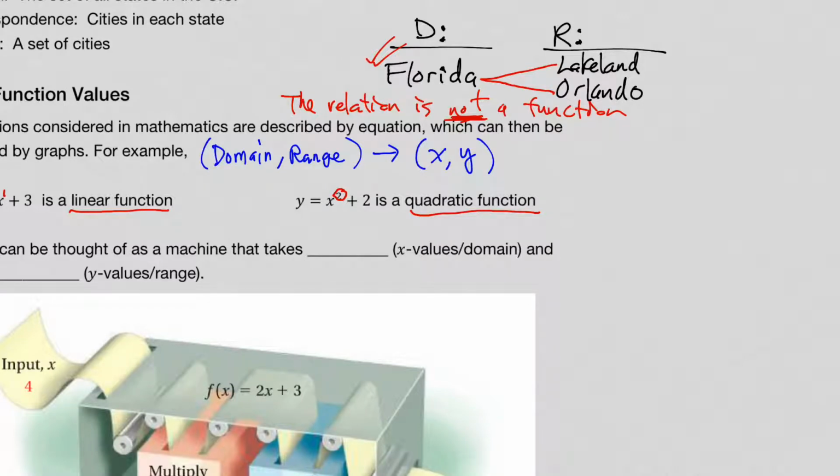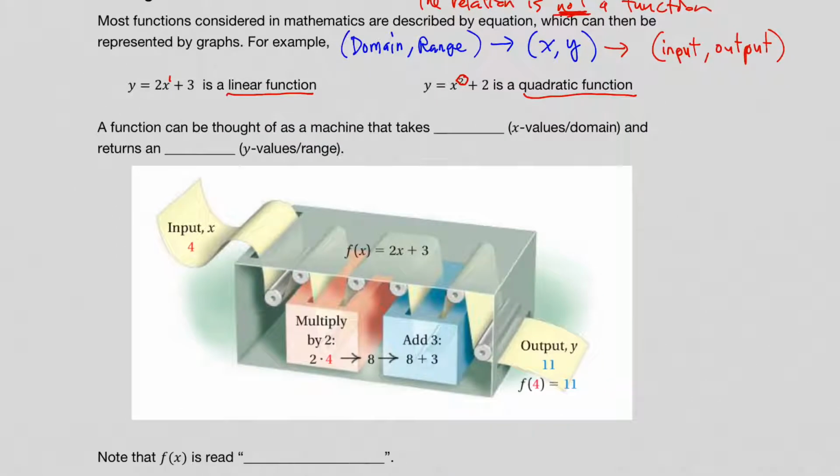And this is going to lead us to some new words: x, or the domain, can also be called the input. And then the y, or the range, will be called the output. Okay, so what do we mean by input, output? Let's take a look at the idea of a machine here, okay?